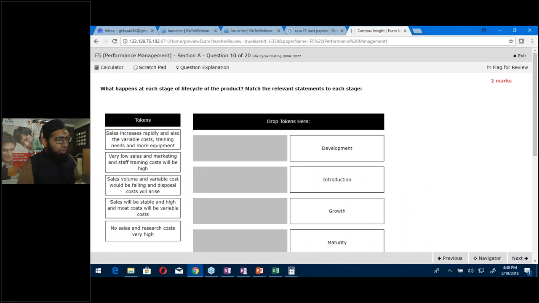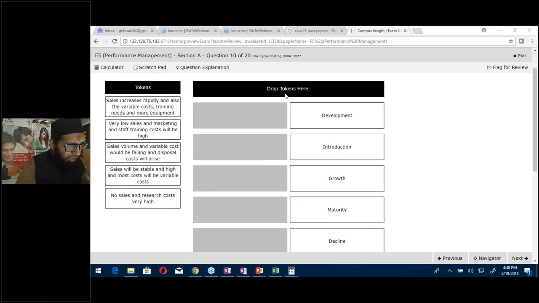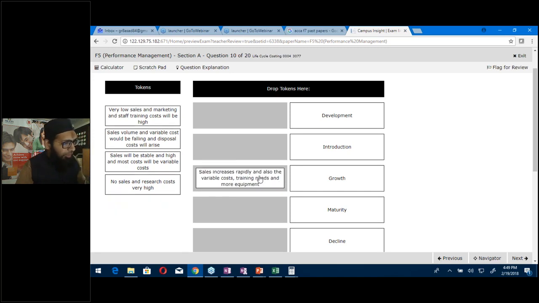Now, this is a question on drag and drop. We have been provided with tokens, and we have to drop each token against the relevant box. So let's read. Sales increase rapidly and also the variable cost, training needs and more equipment. This is the stage of growth, so I will drag and drop it over here.